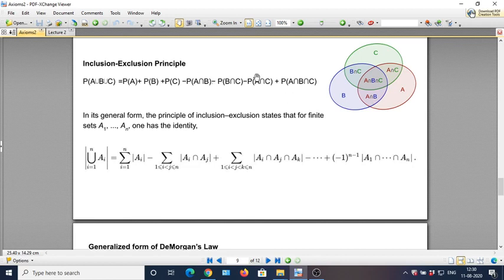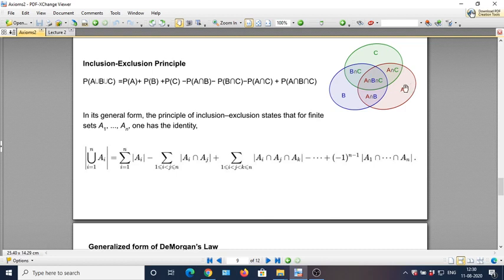You will see that any given 3 sets within the sample space can take this form. So in order to get the probability measure for the union of all these things, we add the probability measures for A, B and C in the first 3 terms.